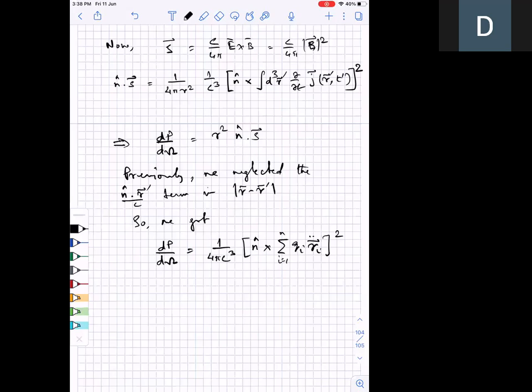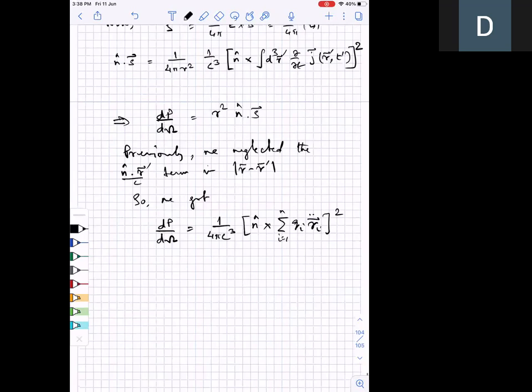That's what we got. Now, of course, we want to include this term, this n cap dot r prime by c correction, this extra second order part.